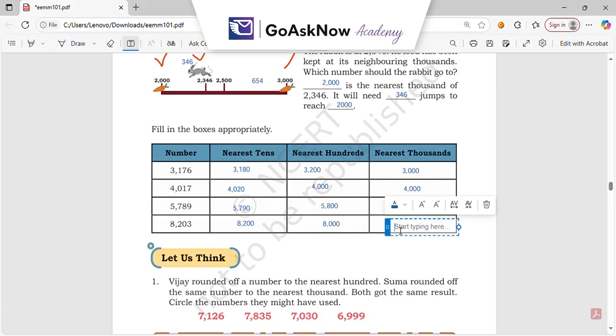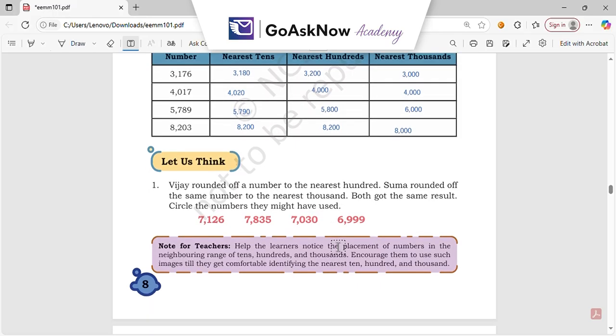Now 200 is lesser than 500, so we are taking 80,000.